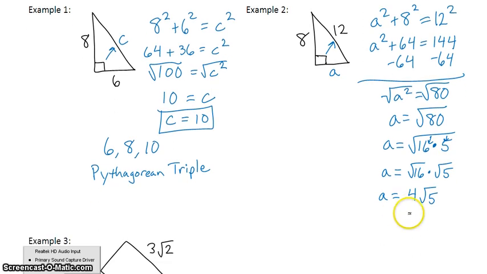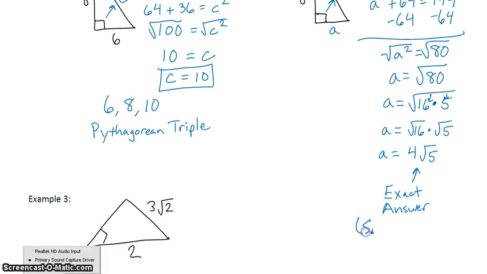4 square roots of 5 is known as the exact answer. Anytime you are asked to find the exact answer, your answer should be written in simplified radical form. The exact answer also has an approximate answer.